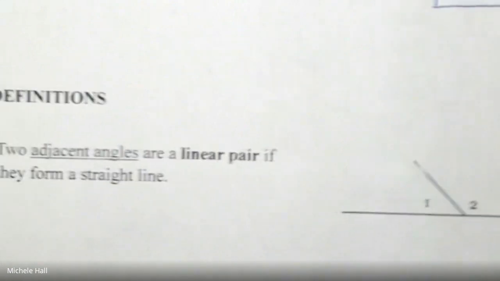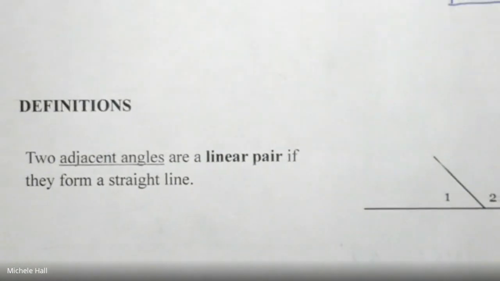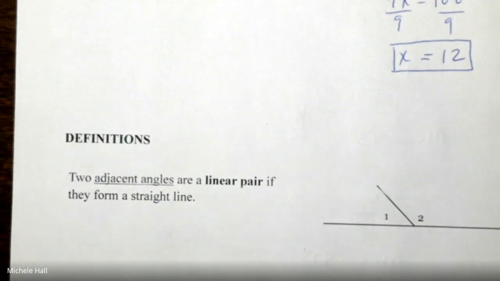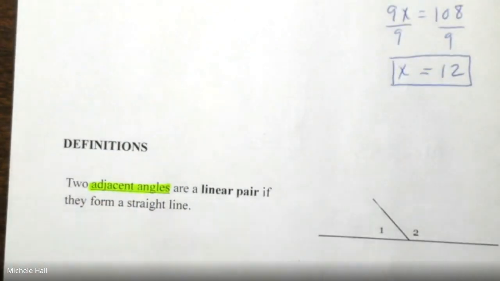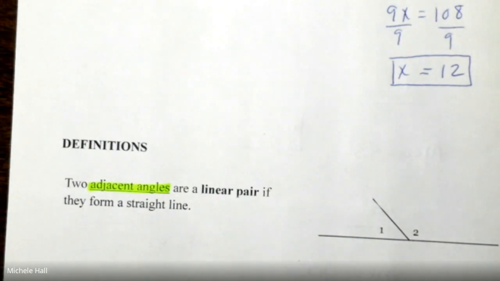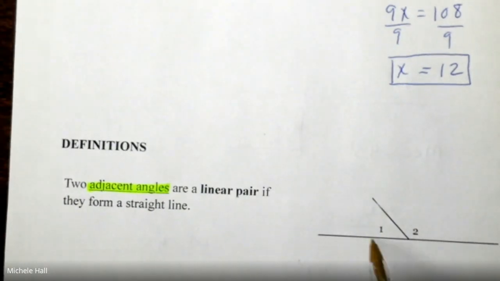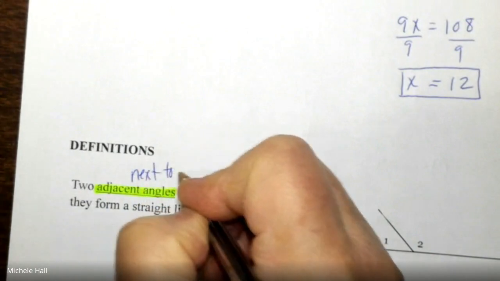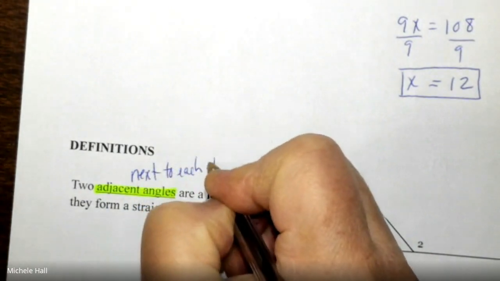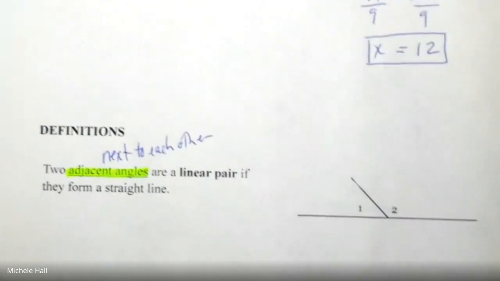It's just about definitions. The first definition is talking about adjacent angles. Every time you hear the word adjacent, okay, those are right next to each other. It makes a linear pair. They're next to each other.